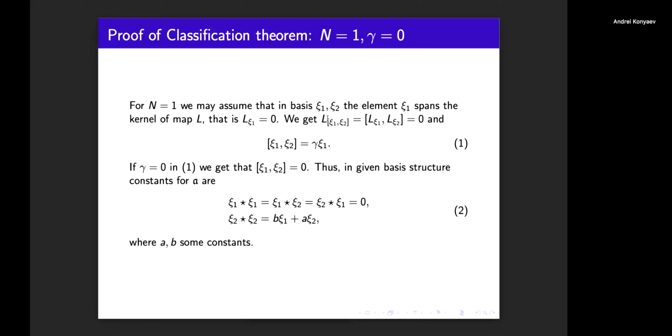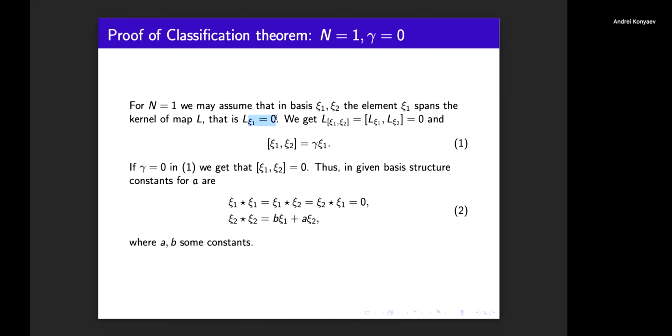So without loss of generality, we assume that one of our coordinate vectors is in this kernel. And this means that the matrix of left action of Xi1 is 0. It means that Xi1, Xi2 is 0, Xi1, Xi1 is 0.